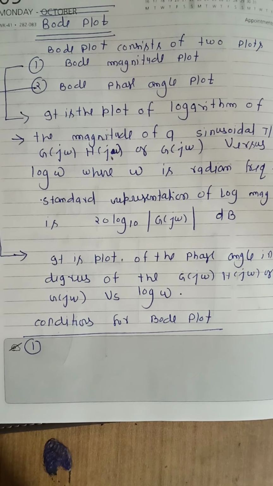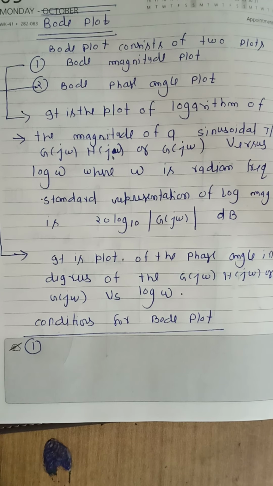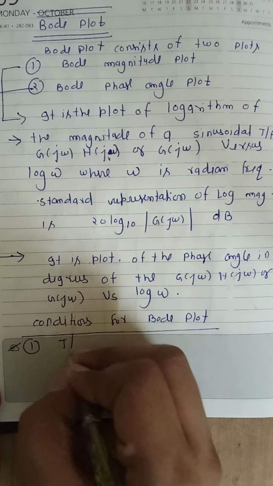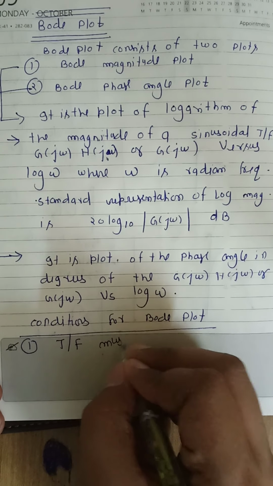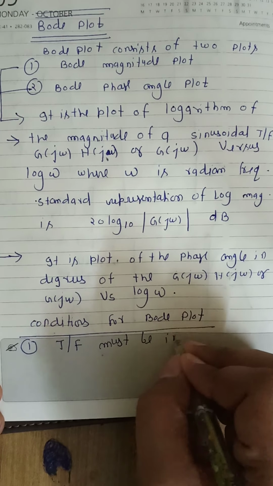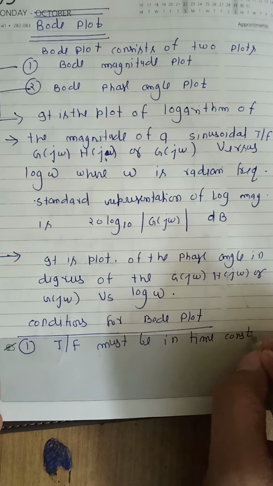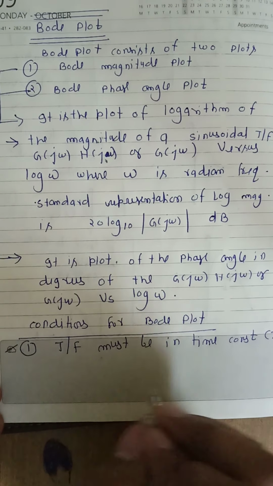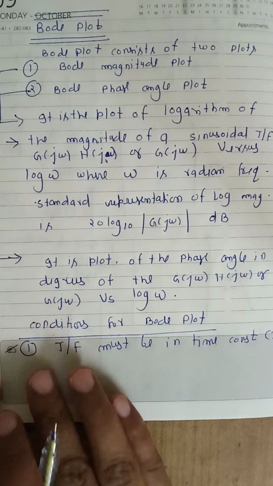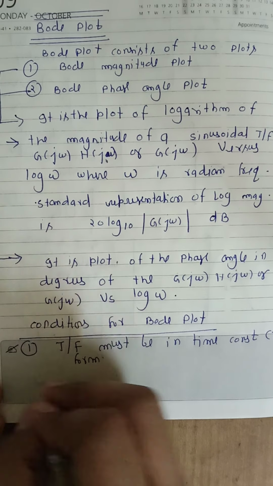First condition is that the transfer function must be in time constant form. Time constant means capital T. The transfer function must be in a time constant form.